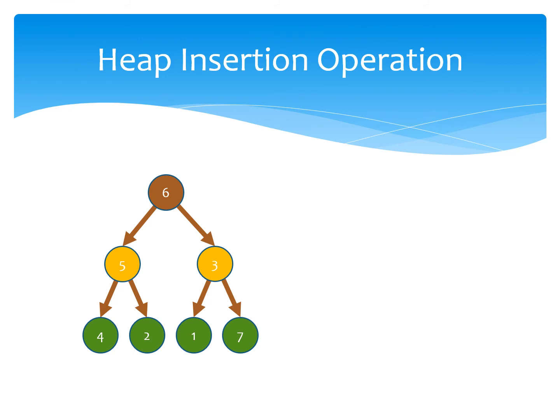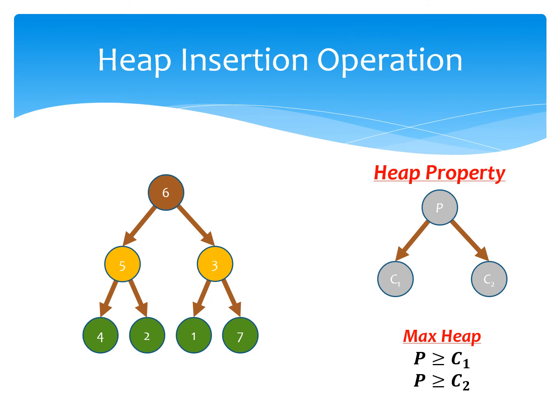As you can observe, the root node holds the largest value in the heap tree, which indicates that this is a max heap. The heap property of a max heap is that each parent node is always greater than or equal to its child nodes.